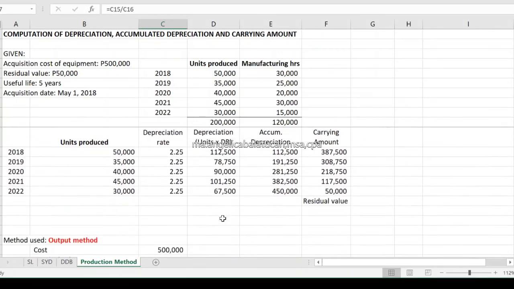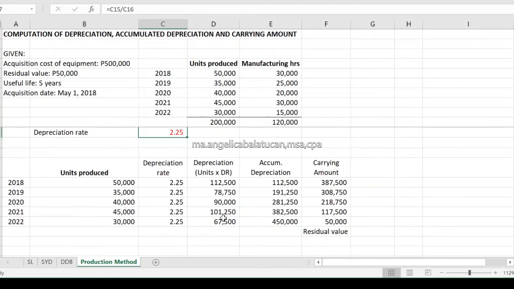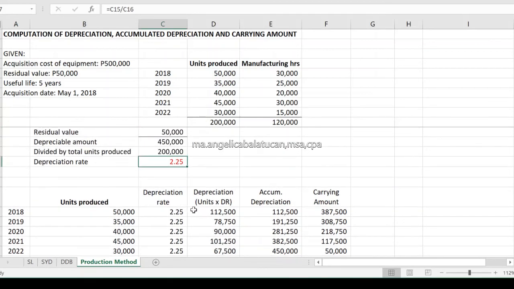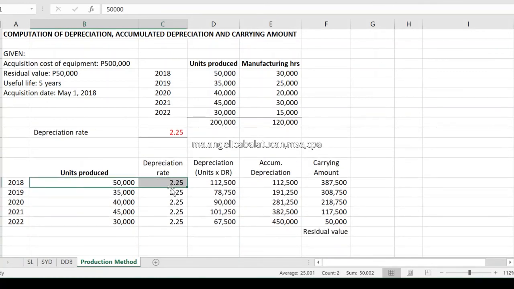So to get the annual depreciation, just multiply the units produced each year by the depreciation rate. So we have 50,000 times 2.25. So you will get 112,500. And the same process, accumulated depreciation is the sum of all the depreciations from the start of acquisition or usage of the asset.